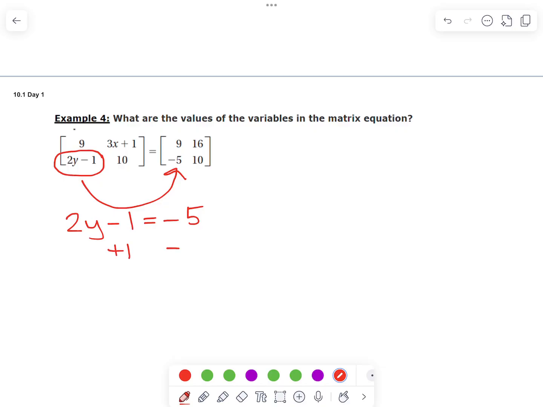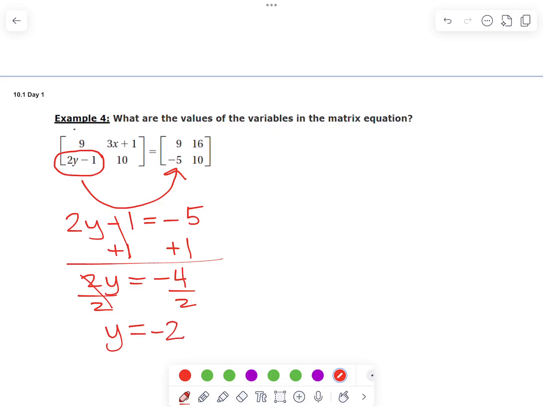We add 1 to both sides. We simplify the right side, and we get -4. Then we do our inverse operations again. We divide both sides by 2, and then we simplify. So our first value is y equals -2.